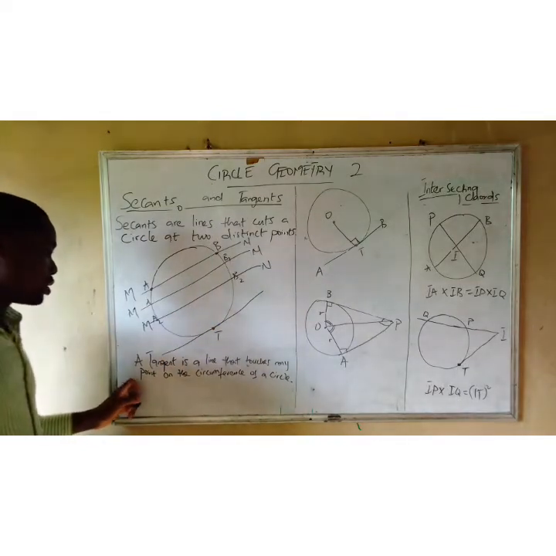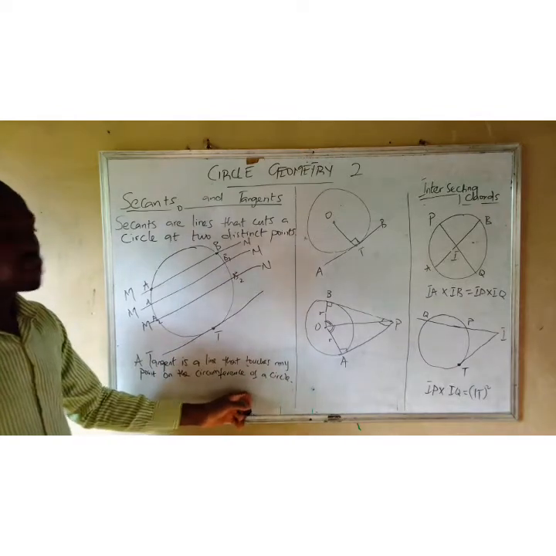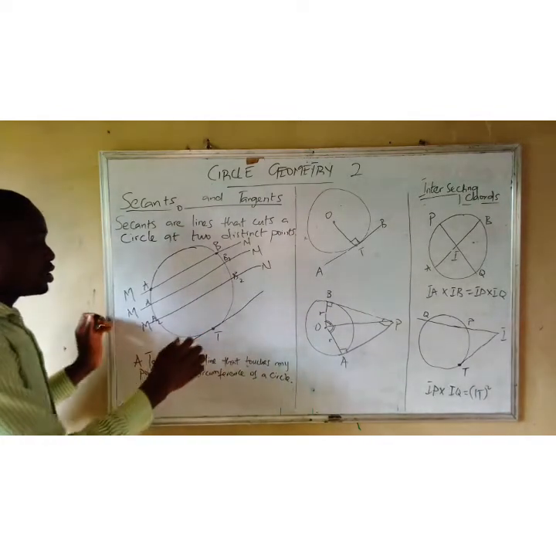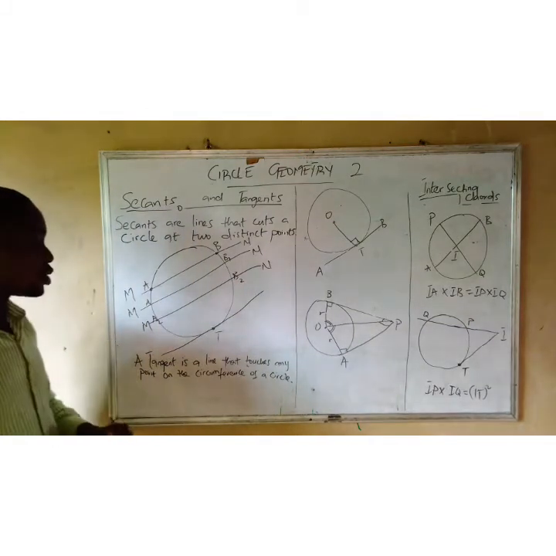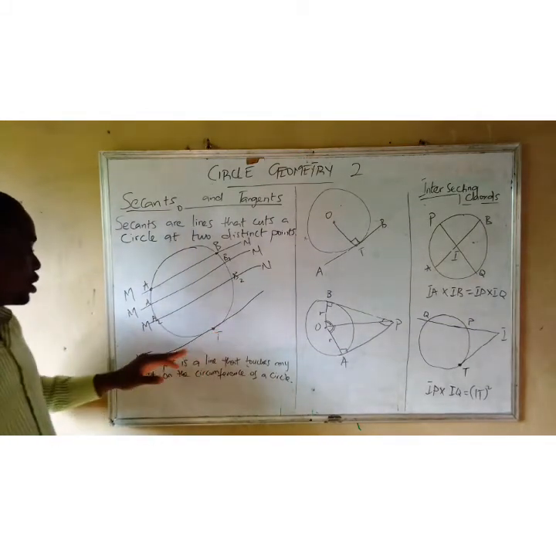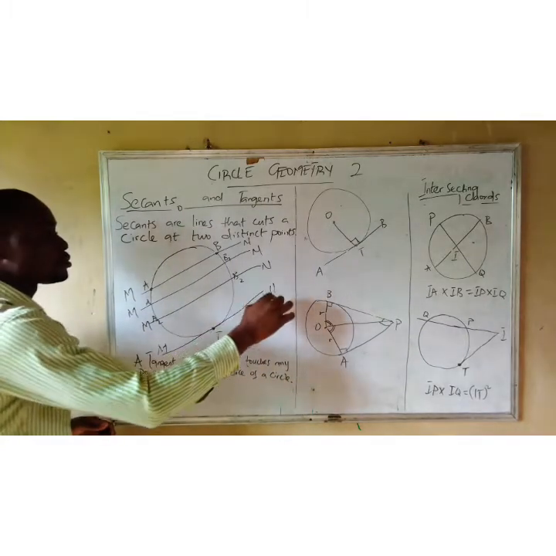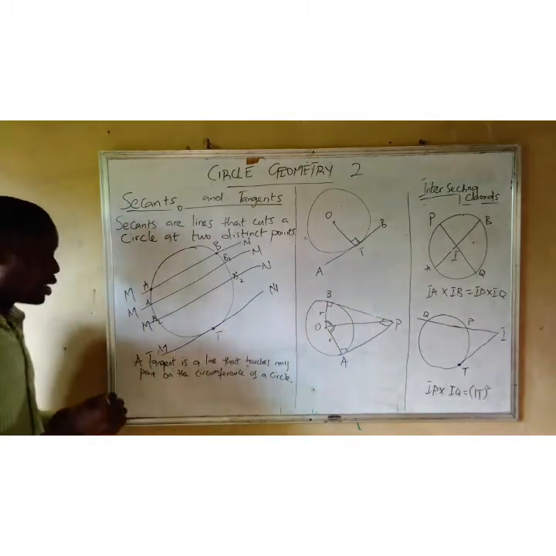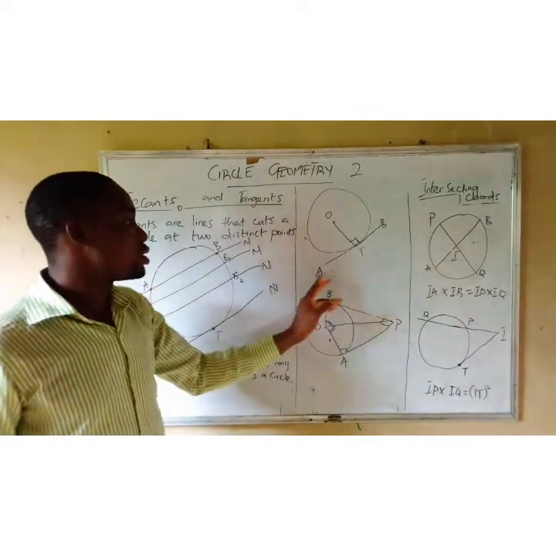Now a tangent is a line that touches any point on the circumference of a circle. Now this point T here is a tangent in this case. This is the point on the circle which this line crosses, line N. In this case, this is also a tangent AB.